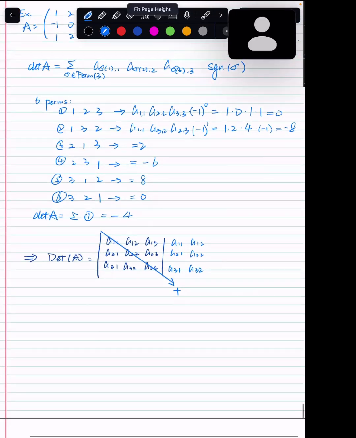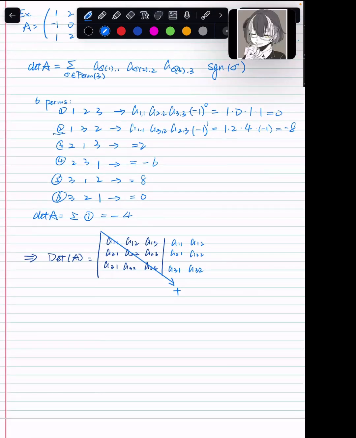Right. So our second case right here is actually 1, 3, 2. That's here. And we know that's negative. So after we copy that, we can actually draw a line like this. And we know this is negative. All right, same thing for the third one.